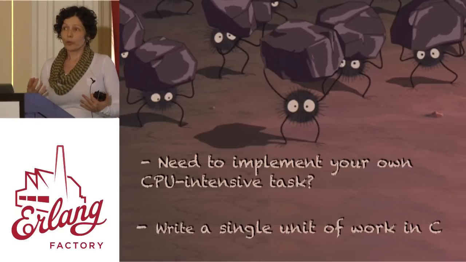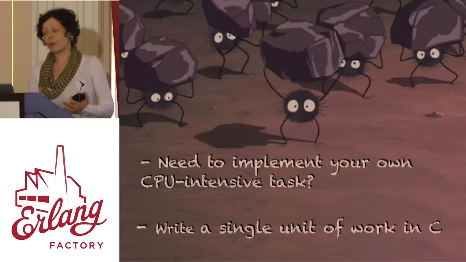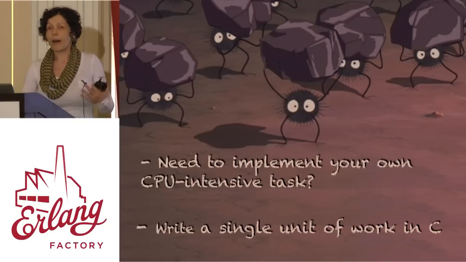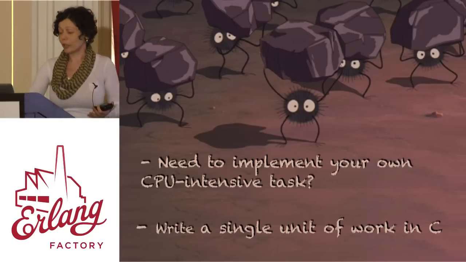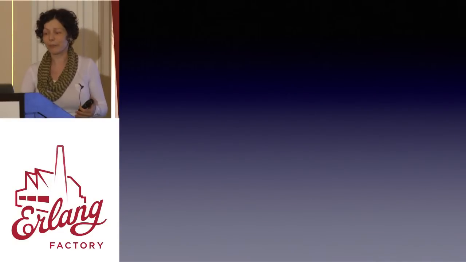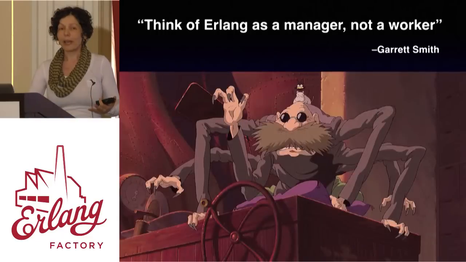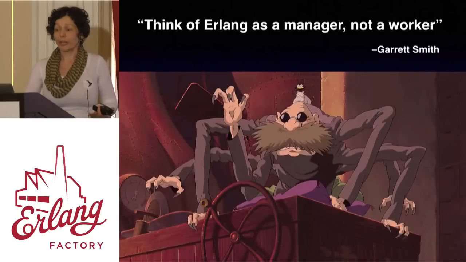So you should consider writing a single unit of code in C, and then have Erlang manage them running concurrently. And I would like to quote our very famous Garrett Smith: think of Erlang as a manager, not a worker.